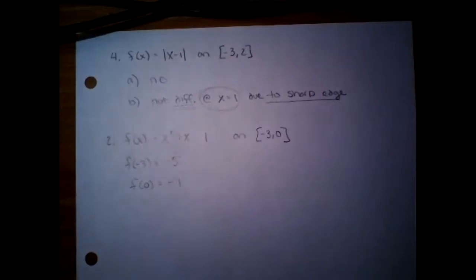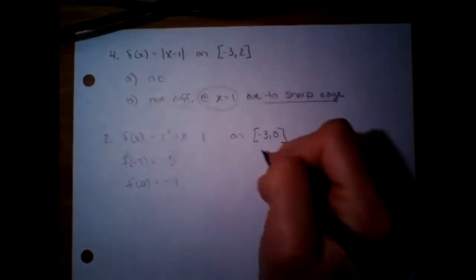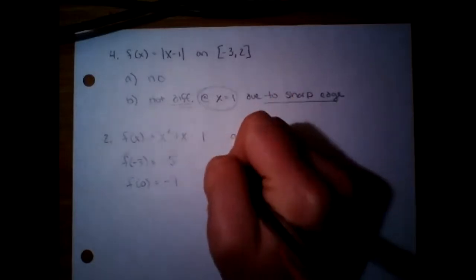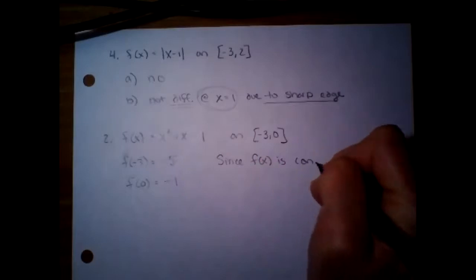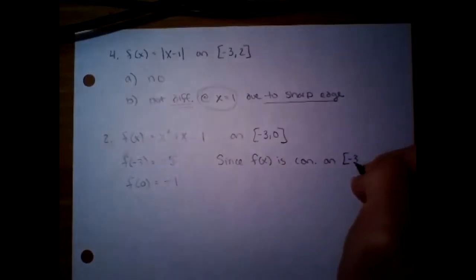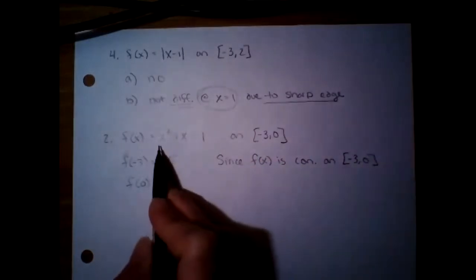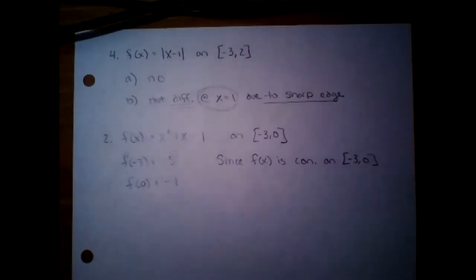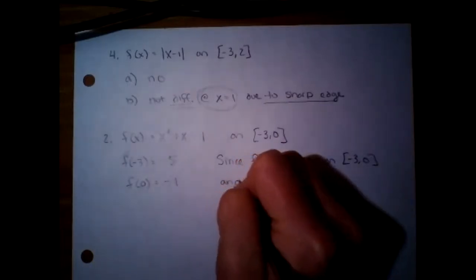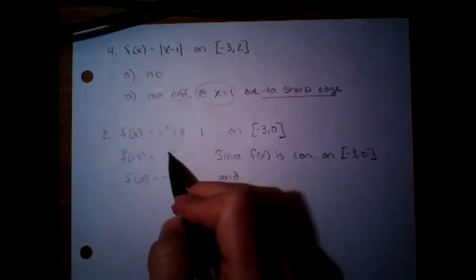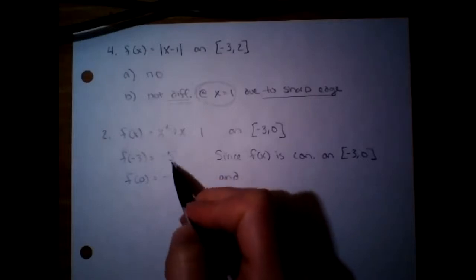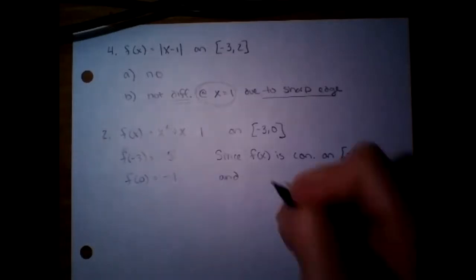Now you also have to mention the condition for intermediate value theorem, which is that the function is continuous on this interval. So since the function is continuous on this interval, which it is, it's continuous everywhere since it's a parabola. And now here's where you can mention this in whatever words you want to put it in, but you have to say something to the effect that 2 is in between these other 2 values.